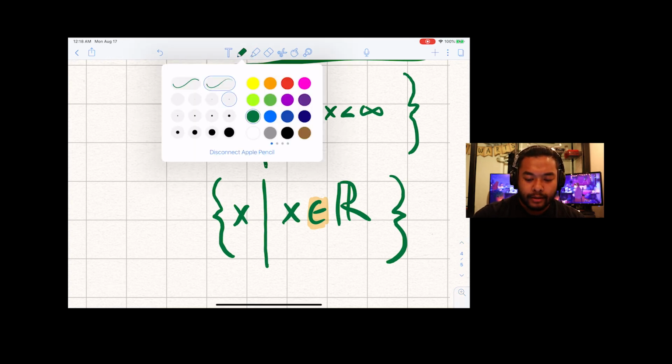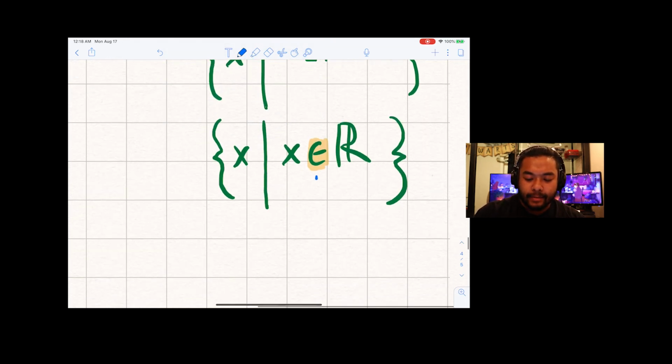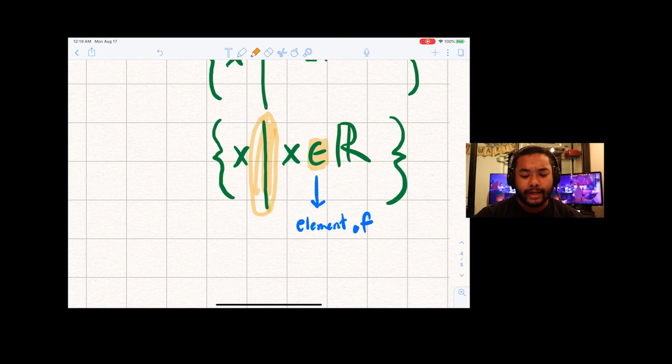This symbol here simply means an element of. And that's a fancy way of saying it is a part of something bigger. So Mr. A is an element of the math department, or I don't know, my phone is an element of the things in my pockets. Simple enough. And then this symbol here, this line that I just drew, big strong line all the way down, simply means such that.